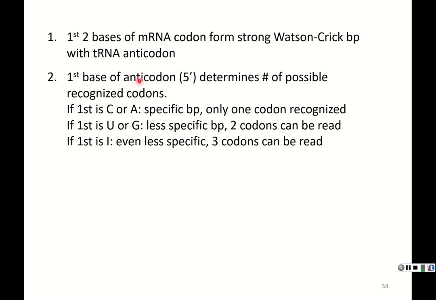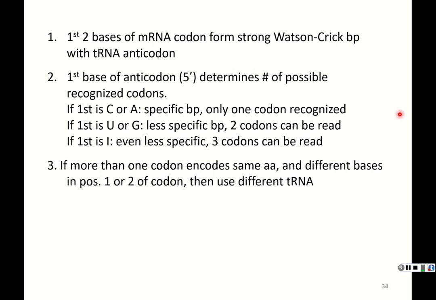The first base of the anticodon, the one in the 5' position, determines the number of possible recognized codons. If the first is a C or an A, that's specific base pairing, so only one codon is recognized. If it's a U or a G, that's less specific, so two codons can be read. And if the first is an I, that's even less specific, so three codons can be read. When we say first base of an anticodon, that means the wobble position, so that would be the last base in the codon.